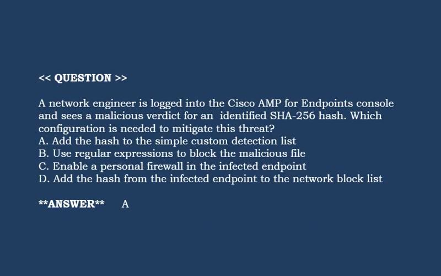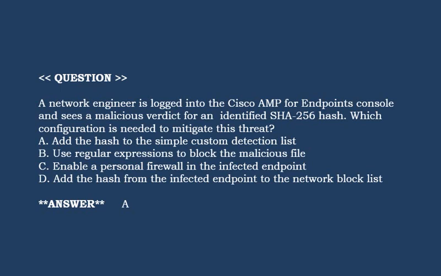Next question is, a network engineer is logged into the Cisco AMP for Endpoints console and sees a malicious verdict for an identified SHA 256 hash. Which configuration is needed to mitigate this threat? Option A. Add the hash to the simple custom detection list.